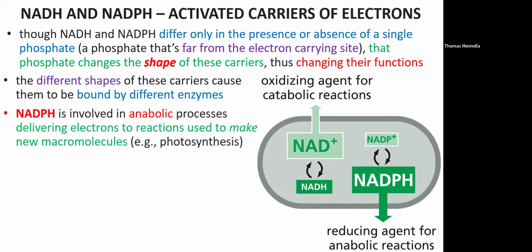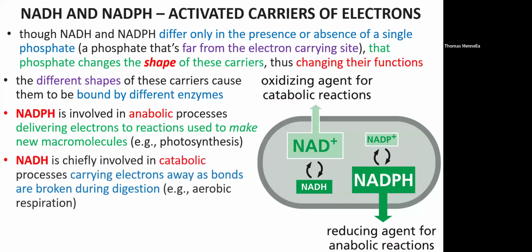NADPH carries electrons for anabolic processes. When electrons are needed for making polymers, when electrons are needed for making sugars, as we see in photosynthesis, when electrons are needed for any anabolic process, we invariably see those electrons being carried by NADPH. NAD itself is chiefly involved in catabolic or breaking down processes, such as breaking down sugars in aerobic respiration, breaking down fats in a process called beta oxidation.